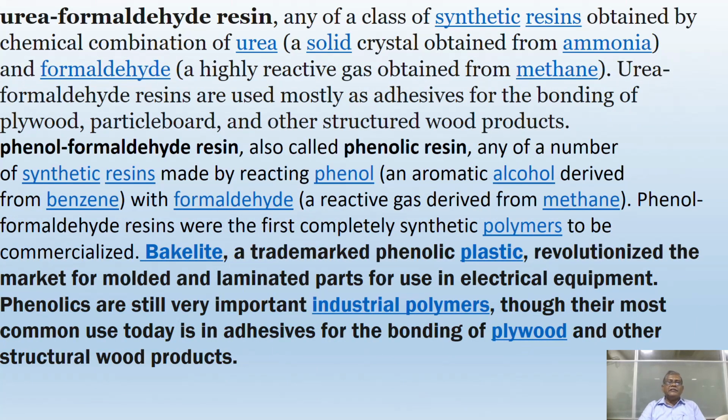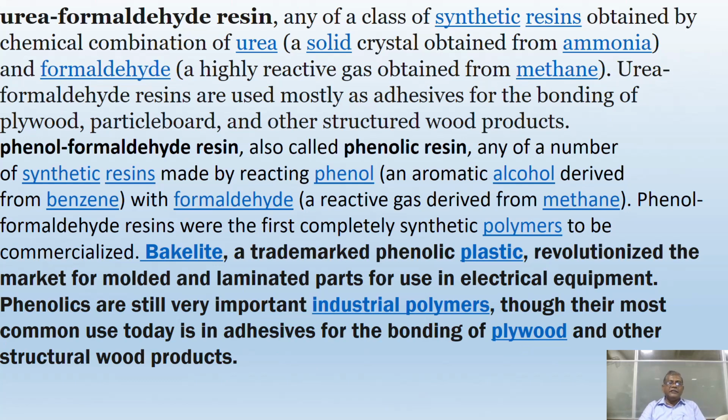Urea formaldehyde resin is a synthetic resin obtained by chemical combination of urea and formaldehyde. So these resins are used mostly as adhesives for bonding of plywood, particle board, and other structural wood products.